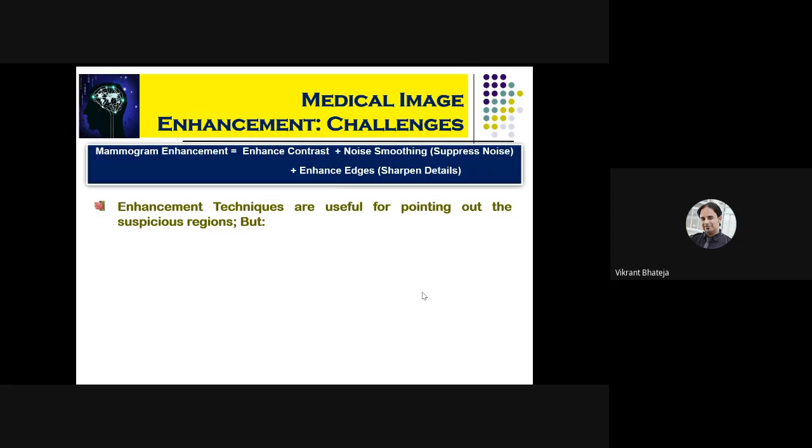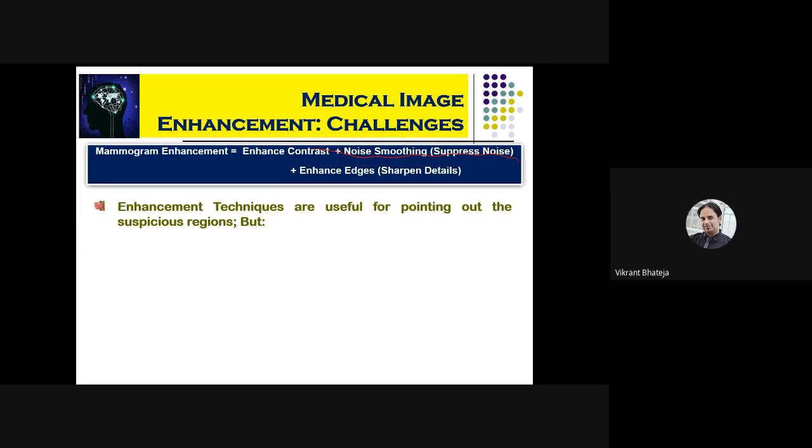So now we come to a new kind of conclusion over here. If we are talking about mammogram enhancement, it is not just about enhancing the contrast. It is not just about sharpening the edges, but it is also about noise smoothing. So when we say mammogram enhancement, try and remember that we are trying to develop an algorithm which has all three aspects.